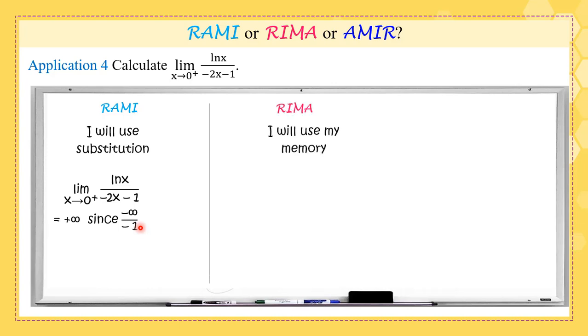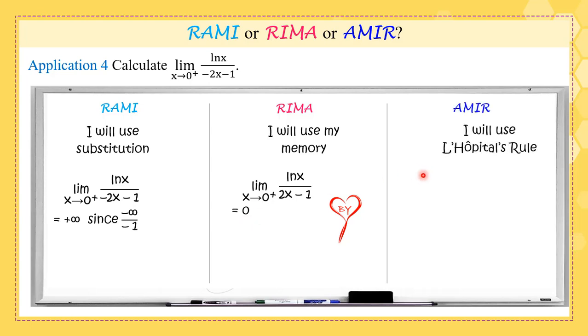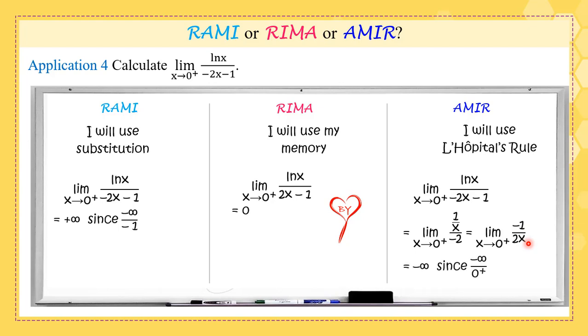Rima: I will use my memory. She used memorization and said that the limit of this quantity is 0. Amir: I will use L'Hopital's rule. He derived the numerator alone, the denominator alone, simplified to get minus 1 over 2x, and this is negative infinity.